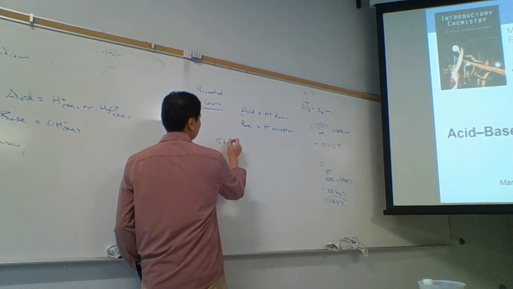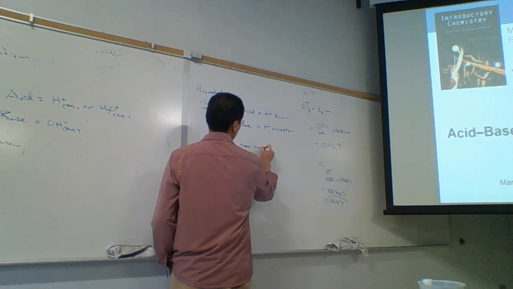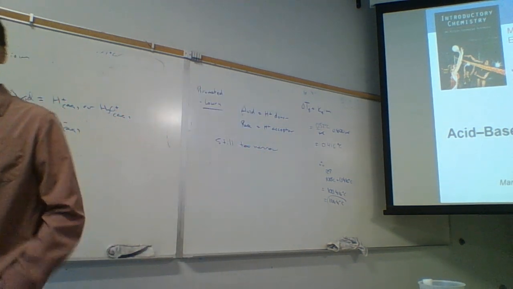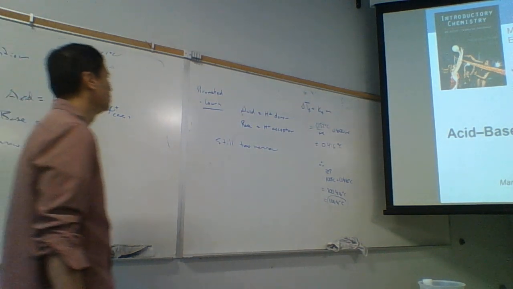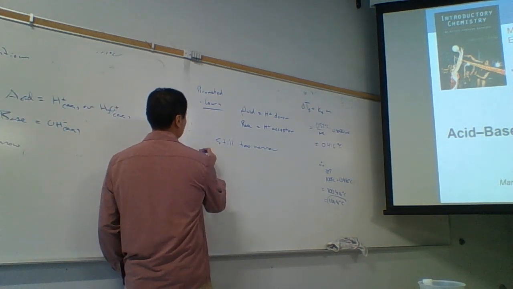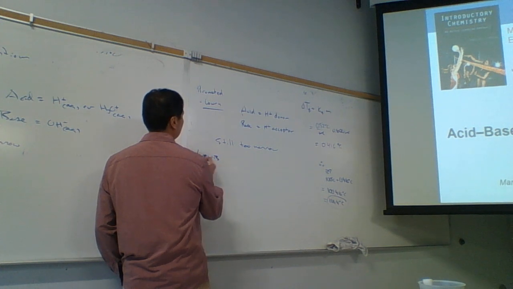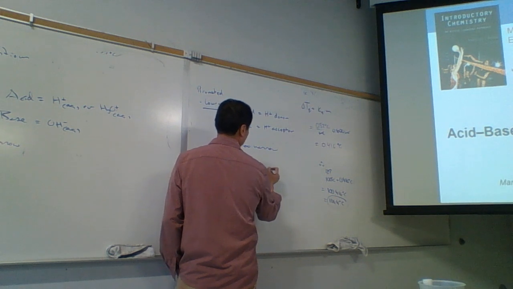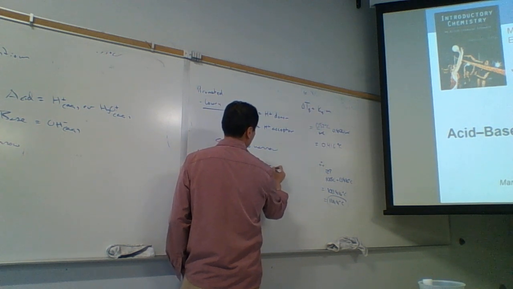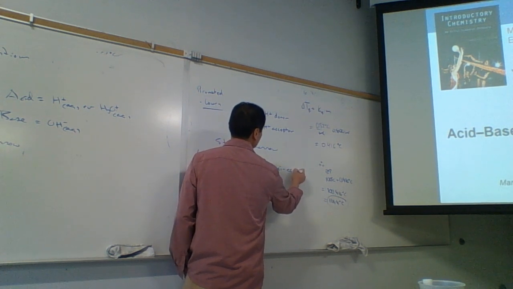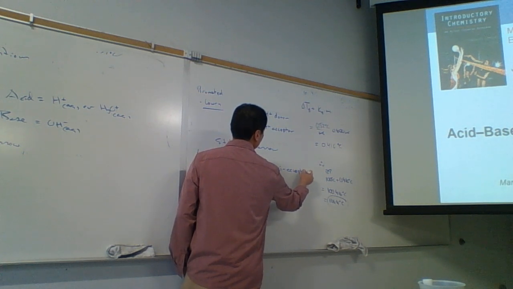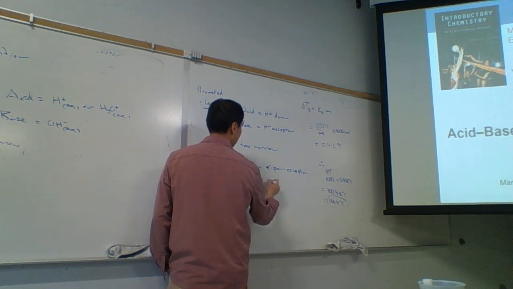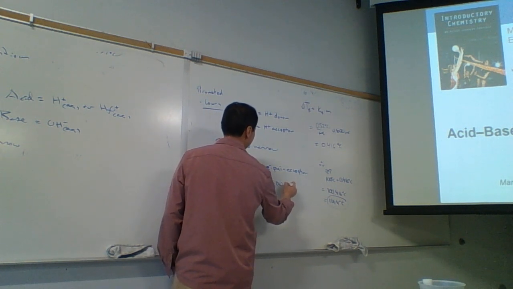Still too narrow. We don't get all the acids and bases that we should. And so we come up with the Lewis definition. The Lewis definition is an acid is an electron pair acceptor, and a base is an electron pair donor.